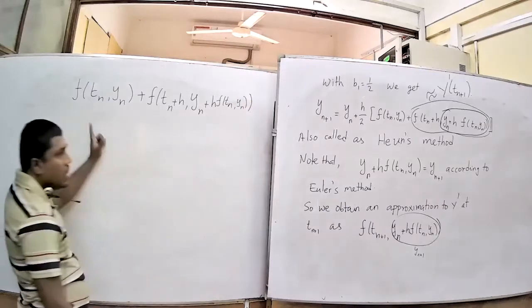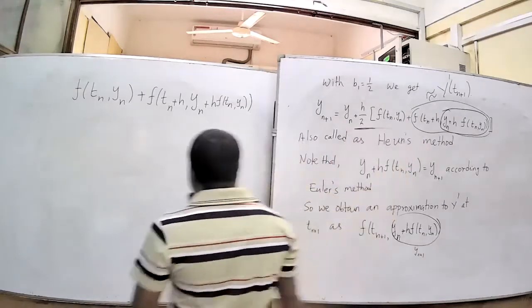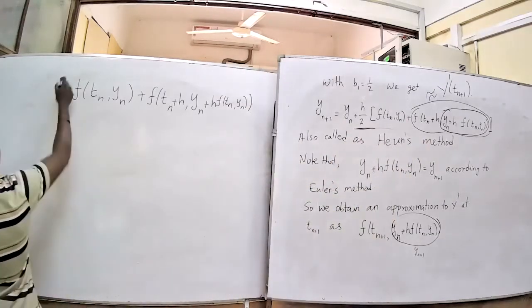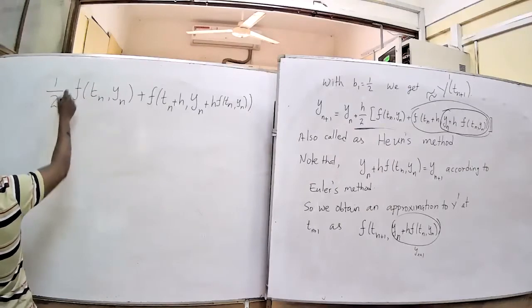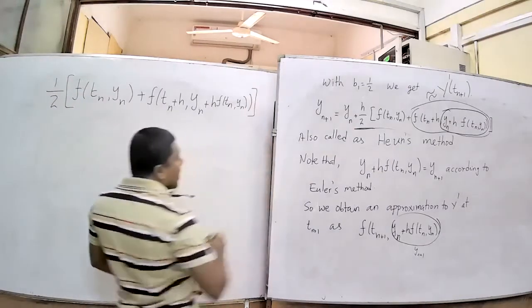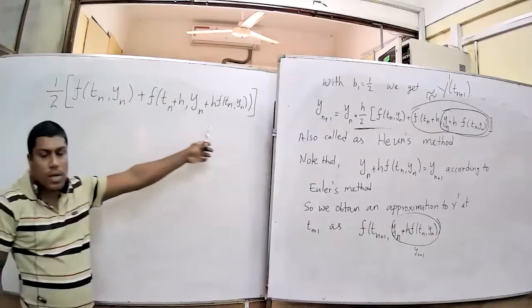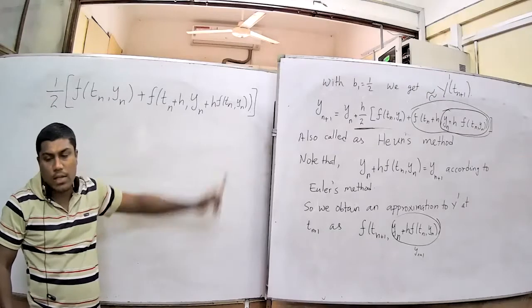So you have this right here. Now this is the part we are looking for, and then I put a 1/2 in front. h is always fixed, so I take this part only and try to interpret what this means.